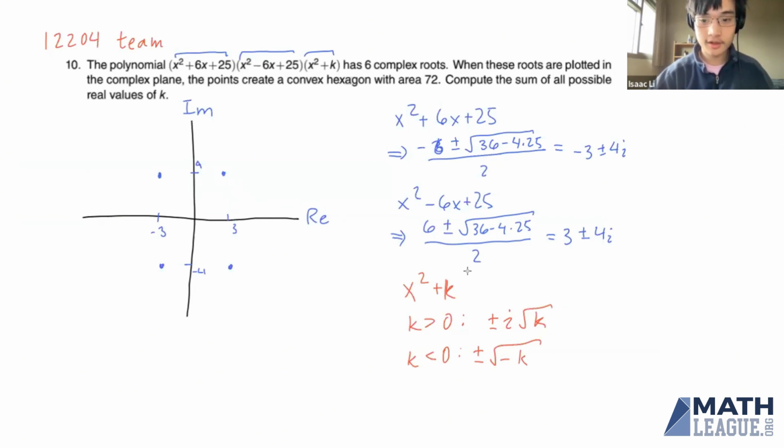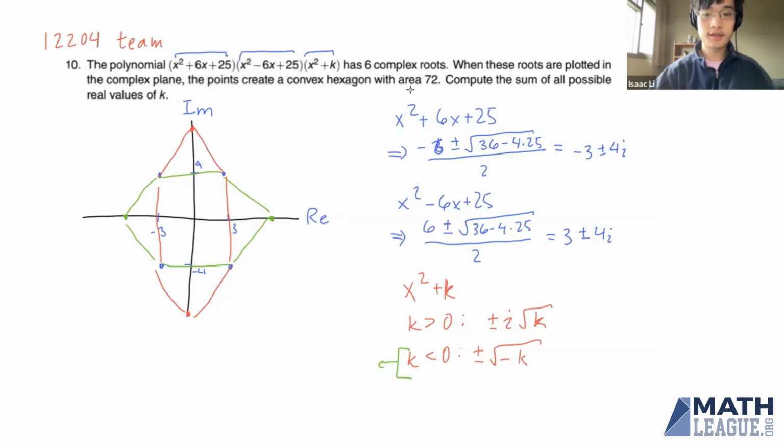Either k is greater than 0 and the roots are like here, or k is negative, in which case I'll denote them using green points like this. So our possible hexagons might look like this, or it might look like the green hexagon as follows.